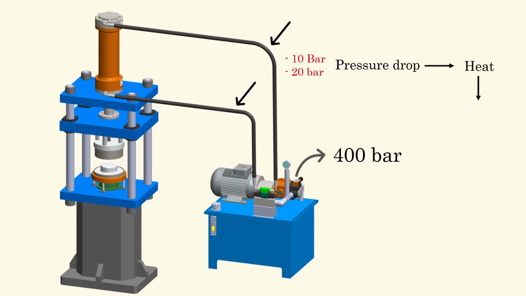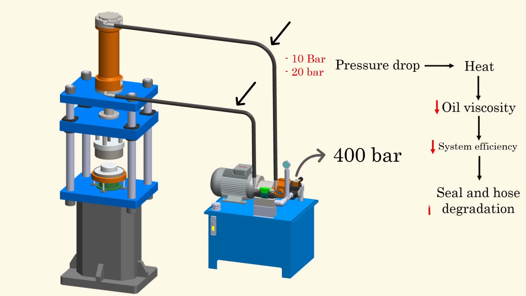Second, increase in heat reduces the oil viscosity, which lowers the system efficiency and accelerates the seal and hose degradation. Third, higher velocity creates flow noise, vibration, and hammering effects, which can damage the valves, fittings, and other components in line over the time. This is why the proper hose sizing becomes critical in hydraulic system.